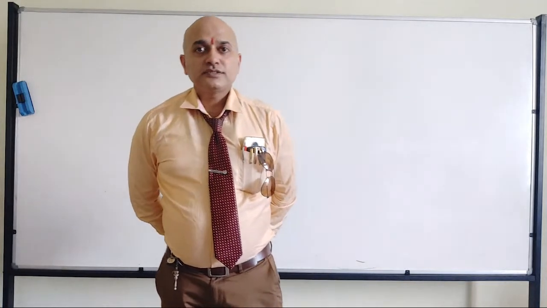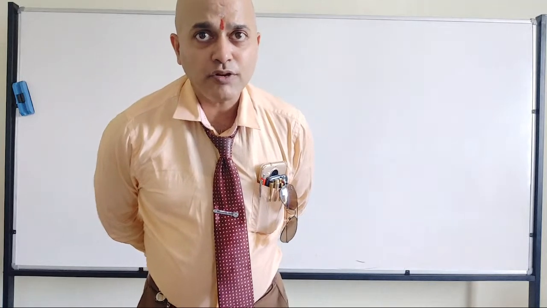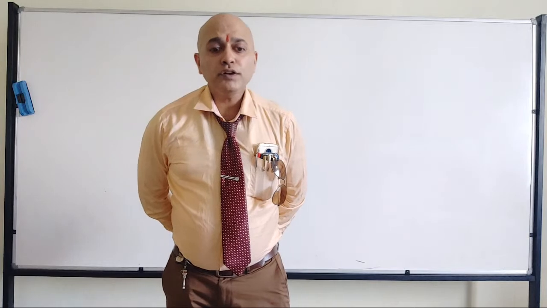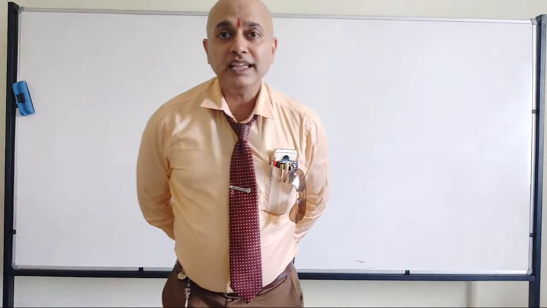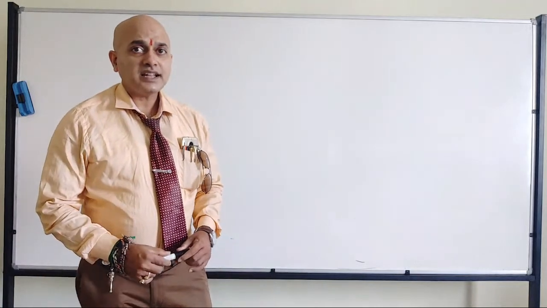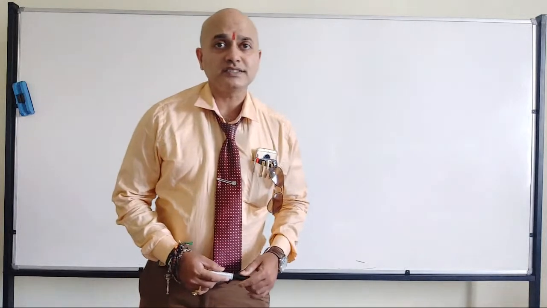So what I will do is, by the time your friends come back to the live class, I will give an overview of whatever I have taught in the last class. In the last class we have done the classification of colloids.